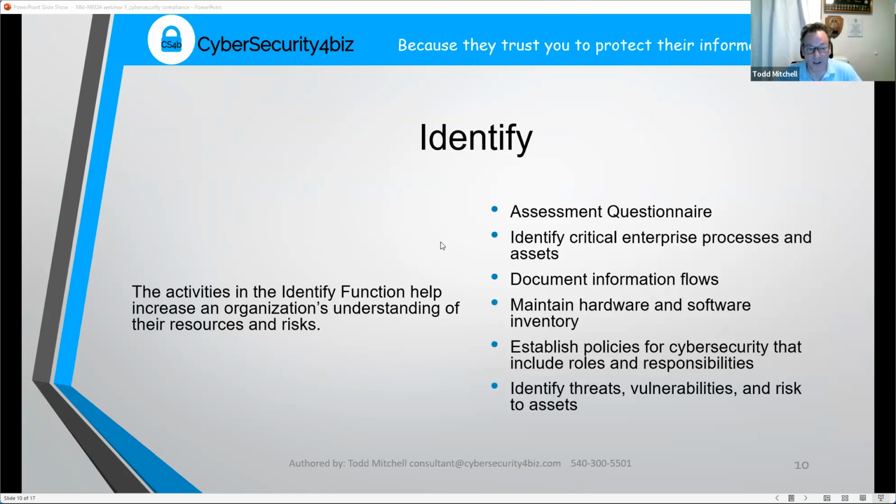You document information flows, your hardware inventory, and software inventory. You identify in writing certain people that are responsible for certain job functions and the roles that they play in a cybersecurity incident. And you also have to identify the threats and vulnerabilities, and that falls into that risk piece.